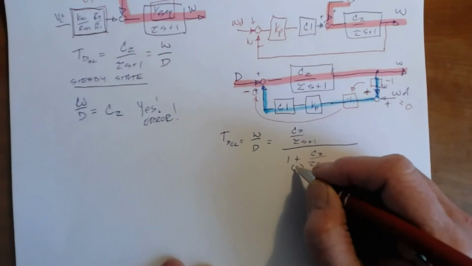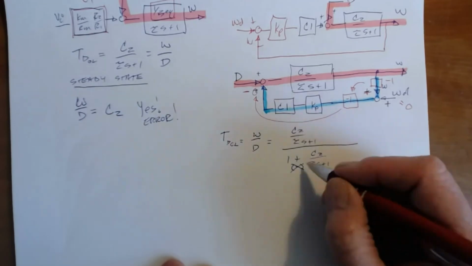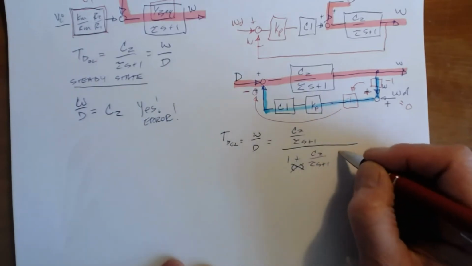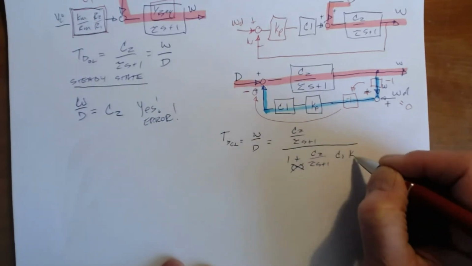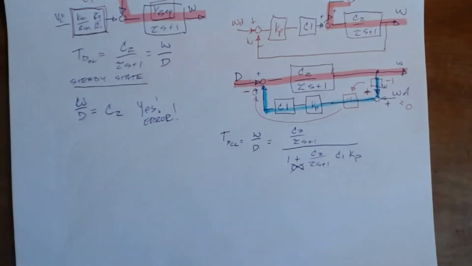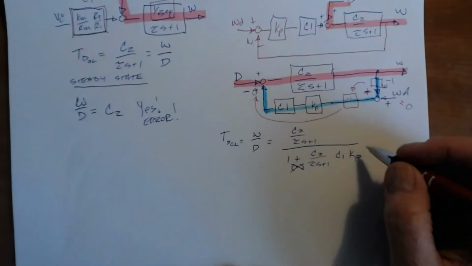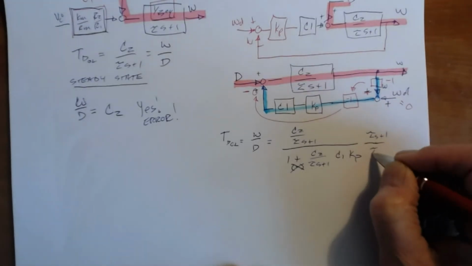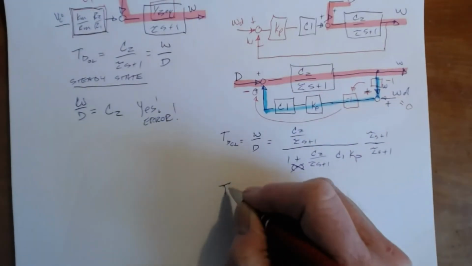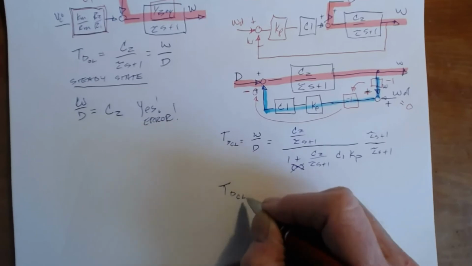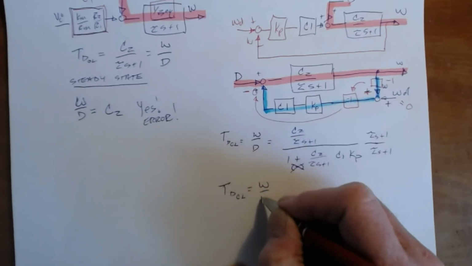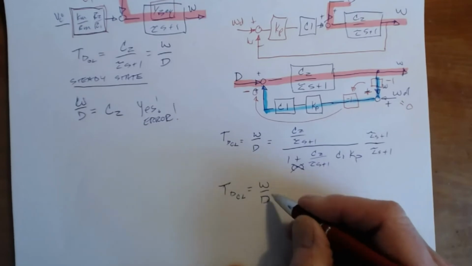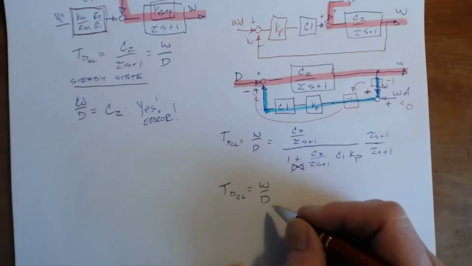It's 1 plus the feed forward times the feedback, which is C1 KP. Okay? And let's clear this tau S plus 1, and then what we get is that T, for the disturbance, the closed loop transfer function, how does the velocity change as a function of the disturbance that I apply?